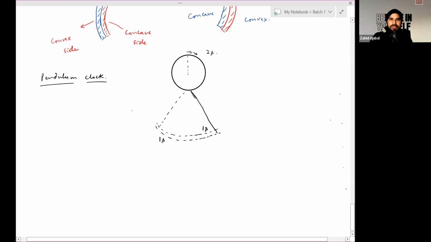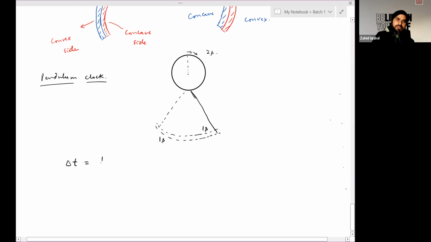Initially, at some temperature for which it is configured to work properly, the length of this rod will be L0. So what will happen if temperature is increased or decreased? On changing temperature, length will change, which leads to a change in time period, which further changes the reading of this clock.